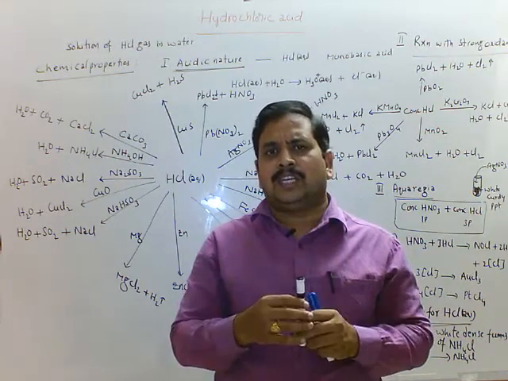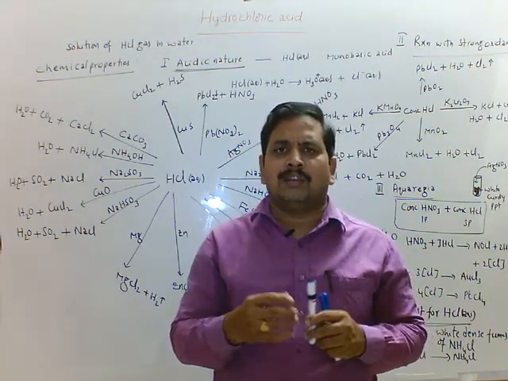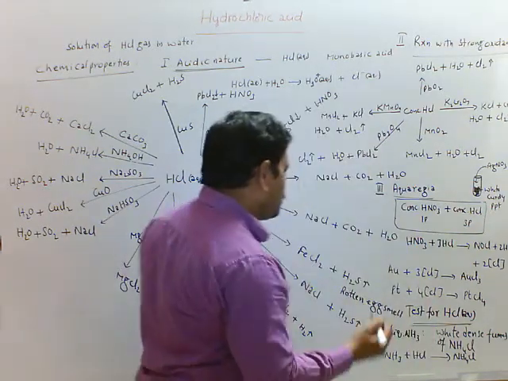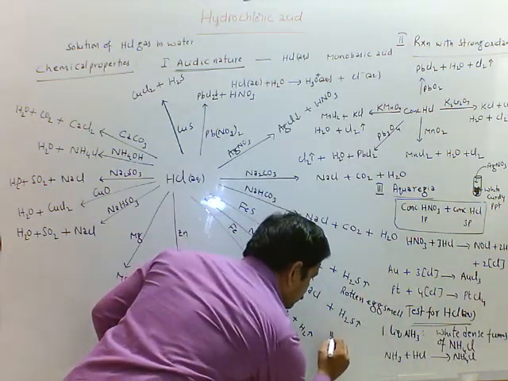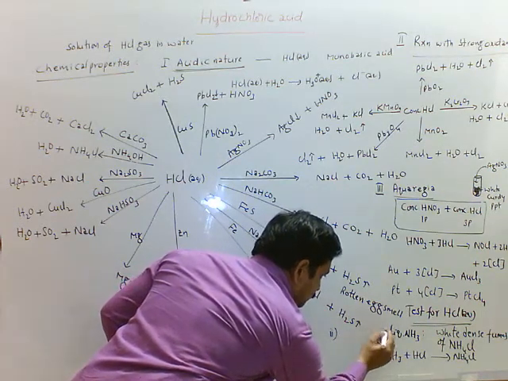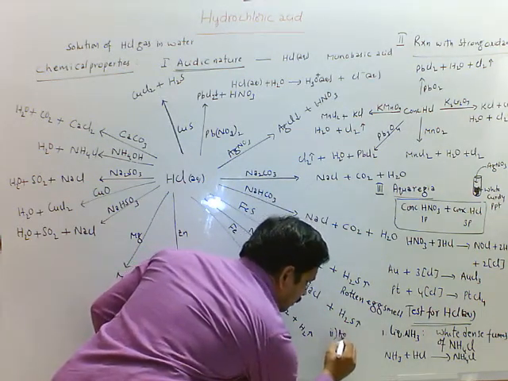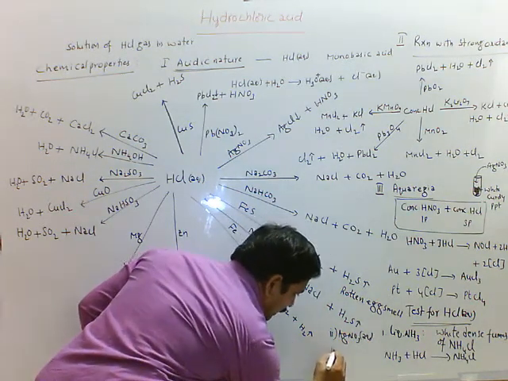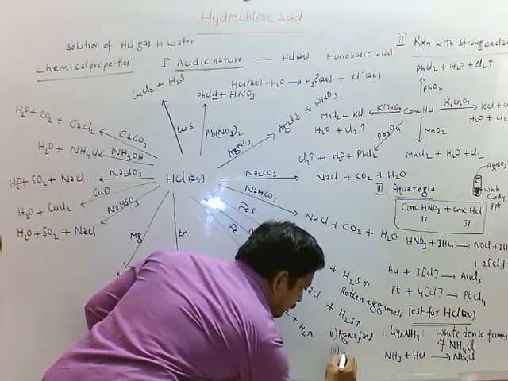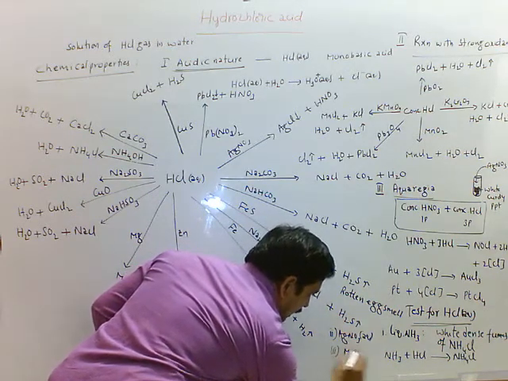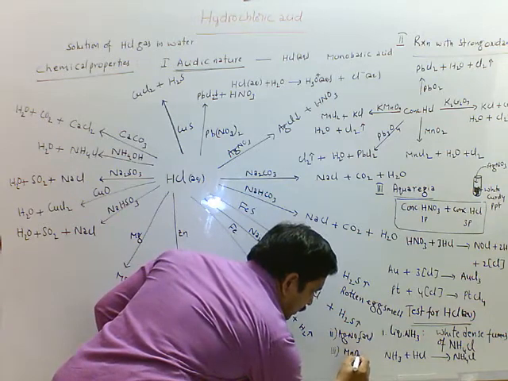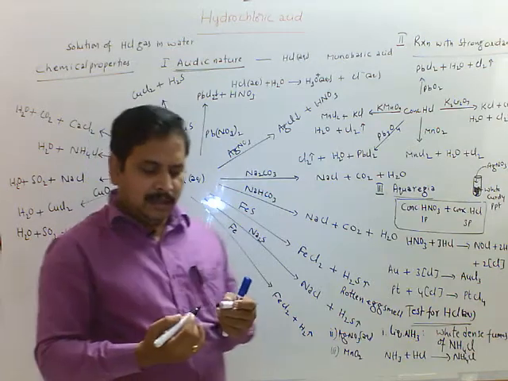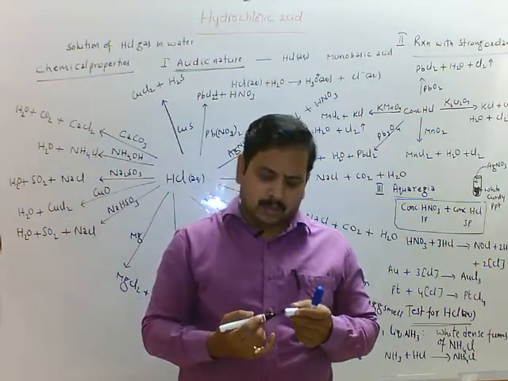On strong heating we get greenish yellow colored gas, that is chlorine.